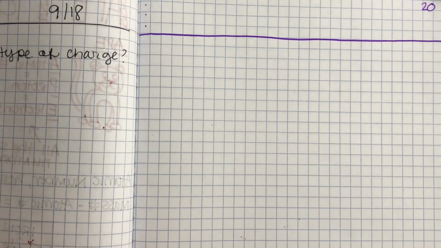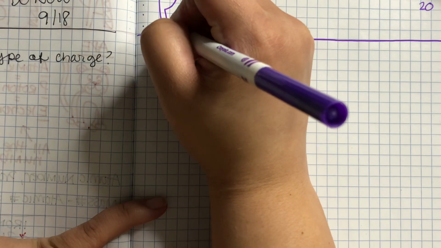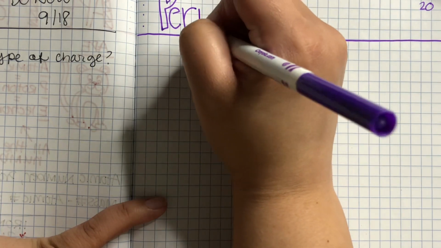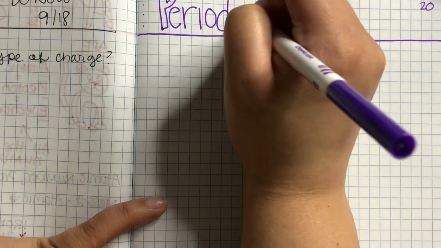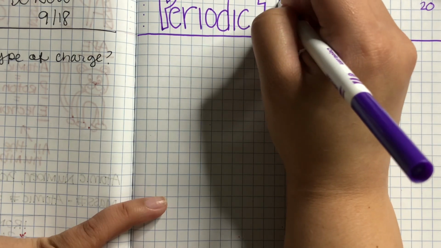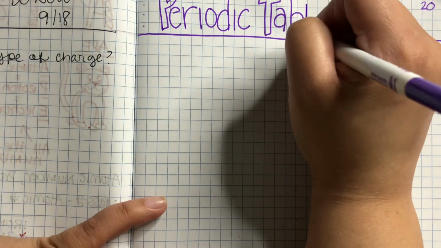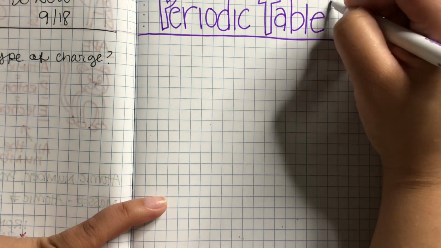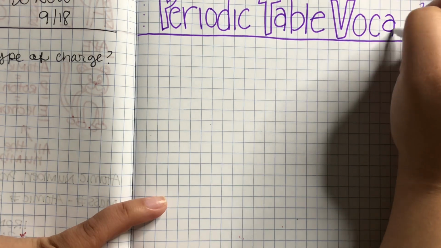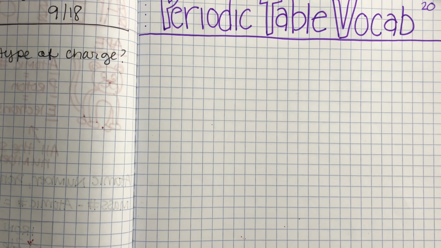So I'm going to go ahead and write my title. All right, so periodic table vocab is what you should have there.